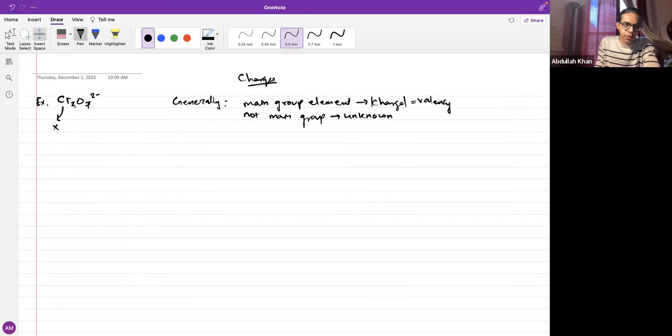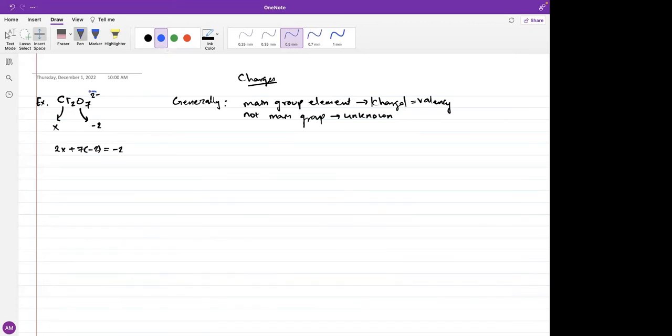Oxygen, as usual, we've seen oxygen before. It's a main group element with a charge of 2, but negative. It's a nonmetal. So how do we set up the algebra here? We've got 2 chromiums, so 2x plus 7 oxygens, 7 times -2. And the whole thing should come to -2, which is the net charge of the ion.